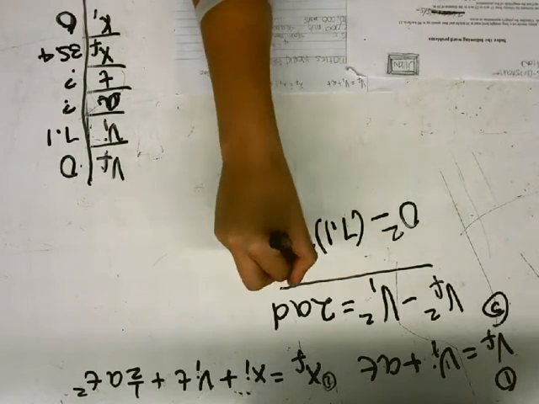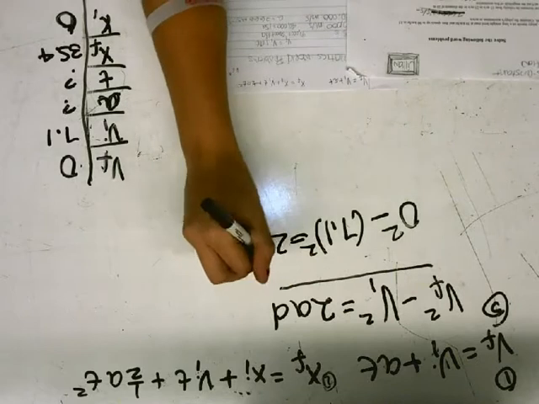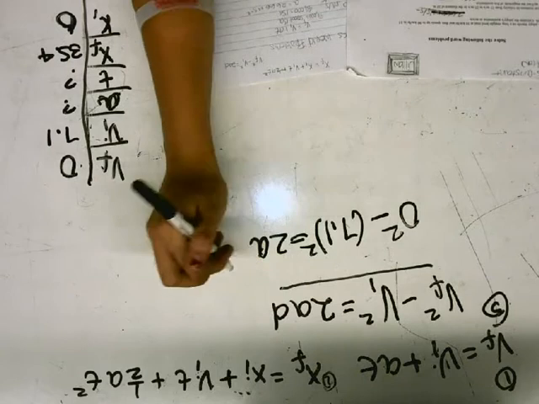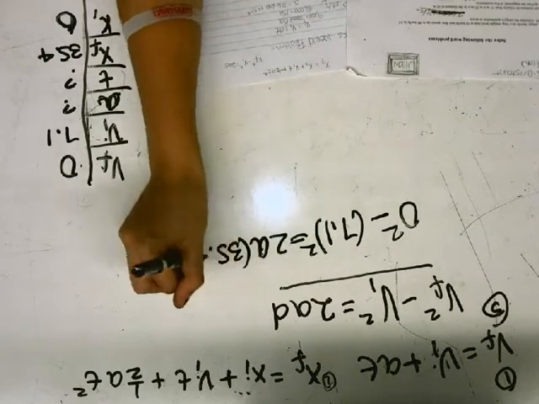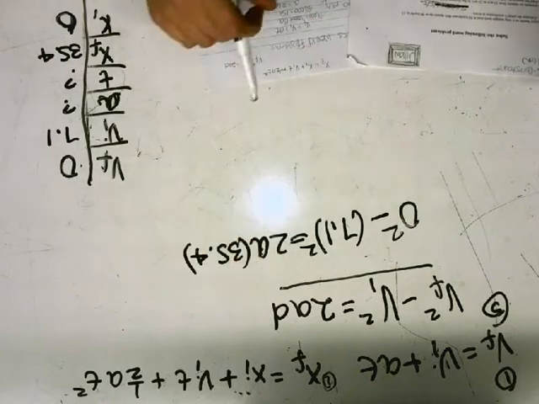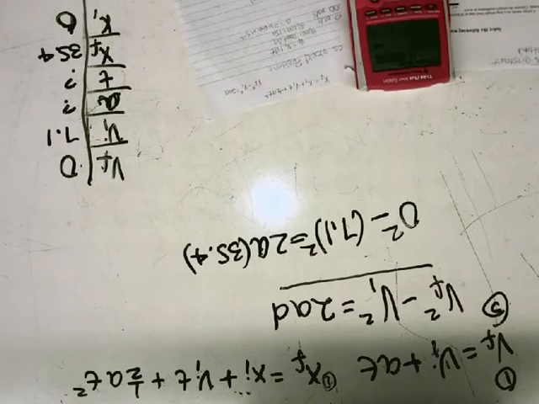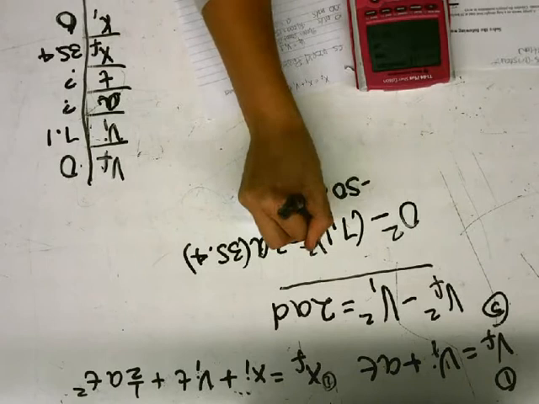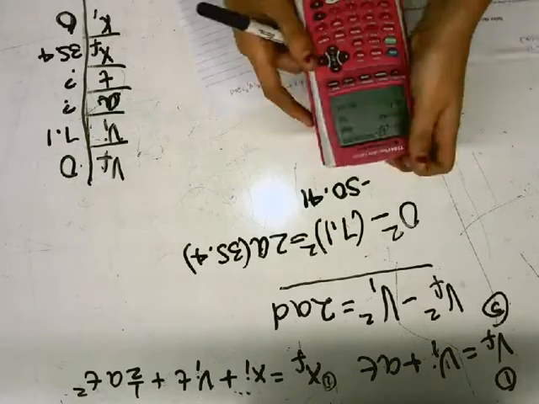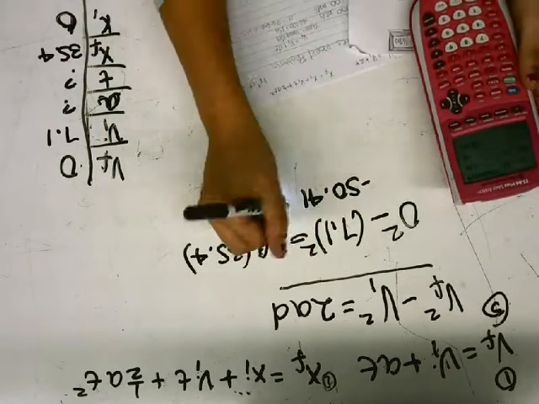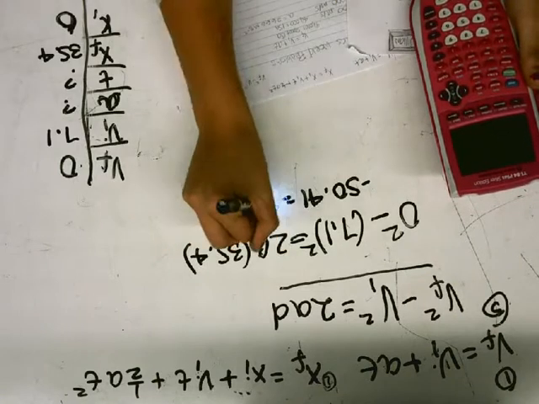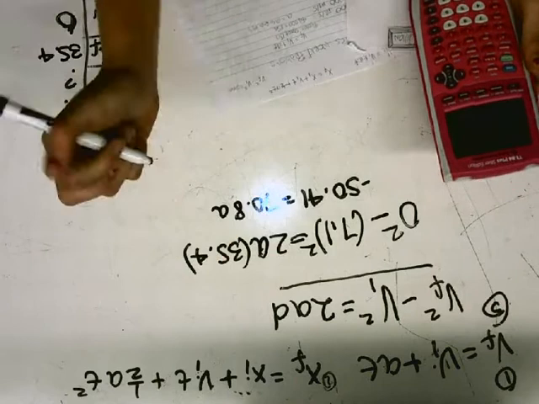I just did it on my calculator. Yeah, equals 2 times A times 35.4, 70.8A. I'm just going to divide, so it's 50.41 divided by 70.8, and that will give me that A equals negative 0.712. The IB program calls for 3 significant figures, so that's what I did.